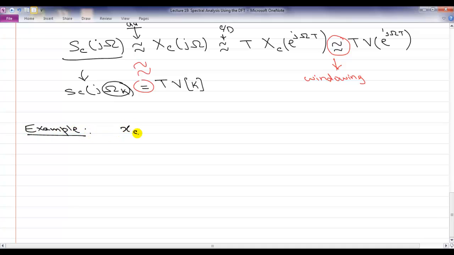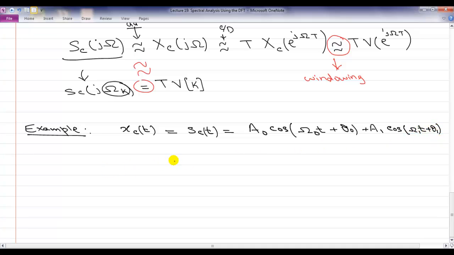So we say that xc of t, we are going to make the approximation that it is exactly equal to sc of t, so no effects due to aliasing. And that is equal to A0 times cosine of omega 0 t plus perhaps some phase shift theta 0, plus A1 cosine of omega 1 t plus theta 1. And these are sinusoids that exist from t equal to minus infinity to infinity.